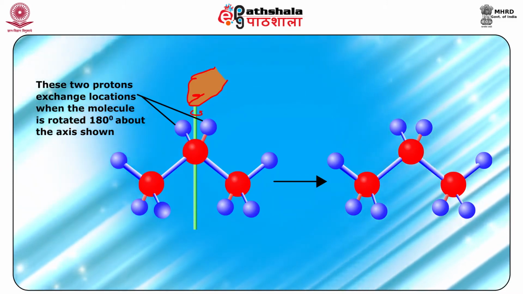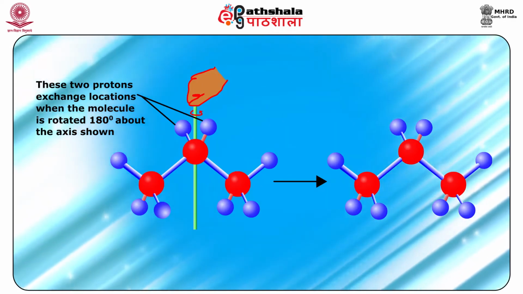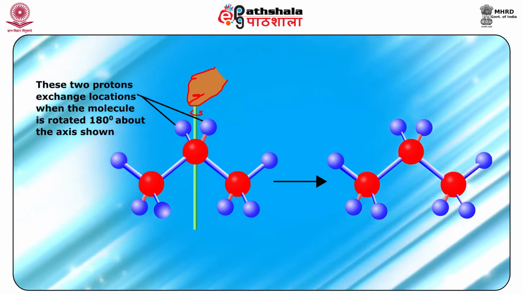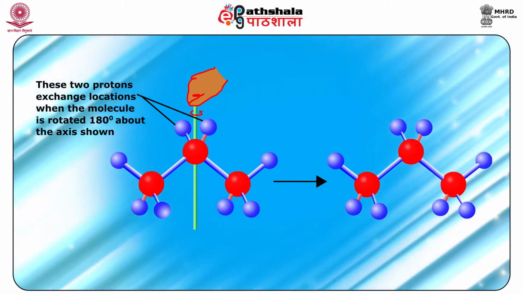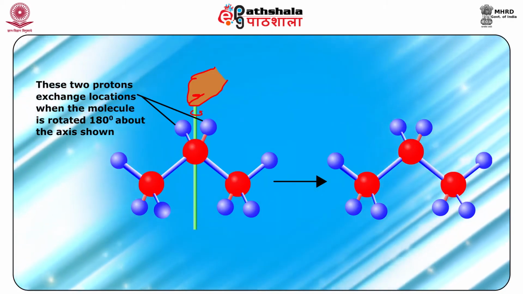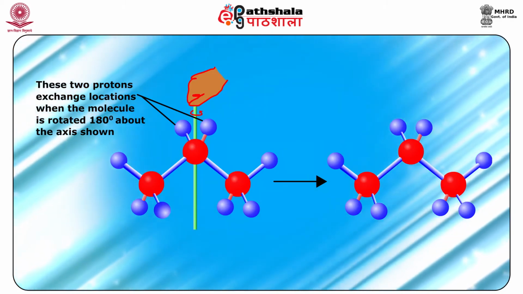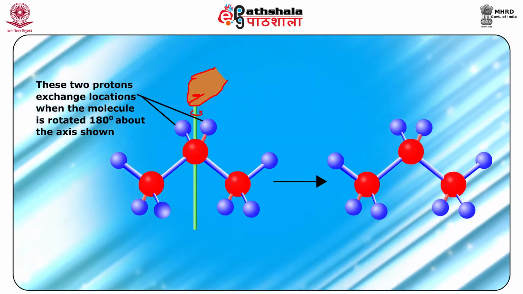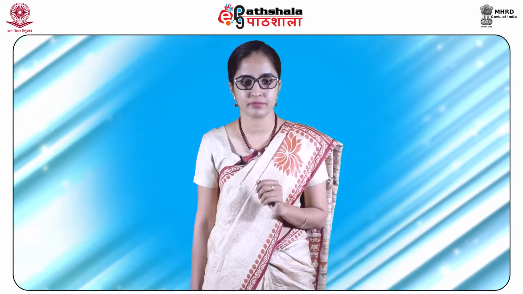From your point of view, the molecule appears exactly as it was before you rotated it, and it therefore has an axis of symmetry. The two protons on the middle carbon of propane are interchangeable by rotational symmetry and hence they can be called chemically equivalent protons.